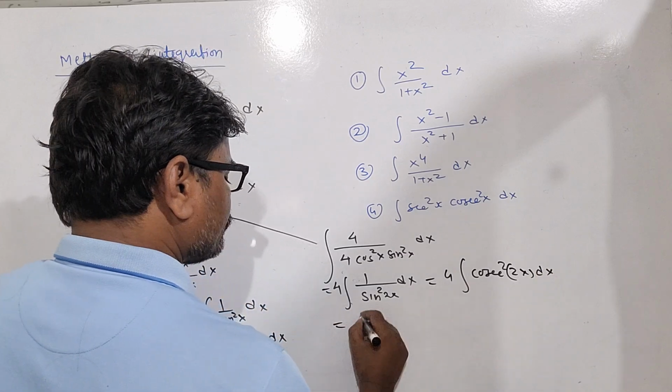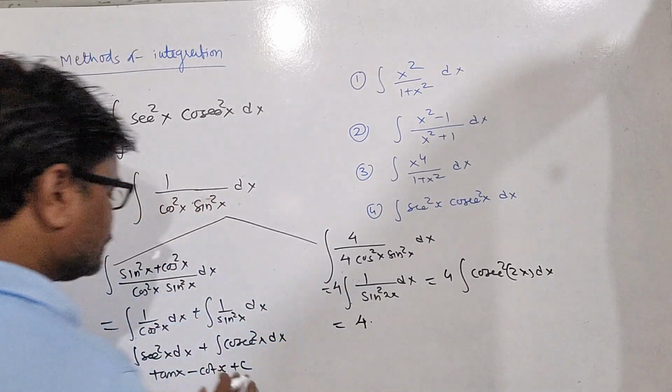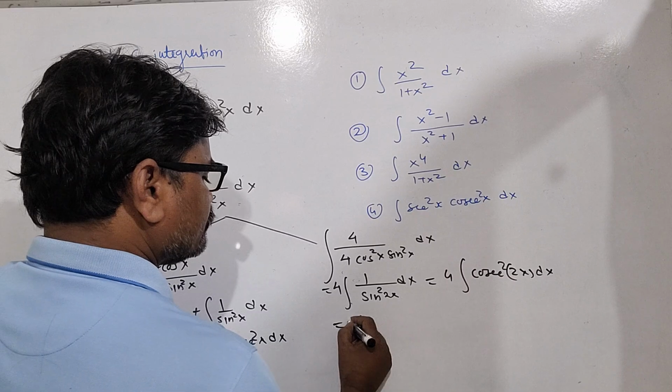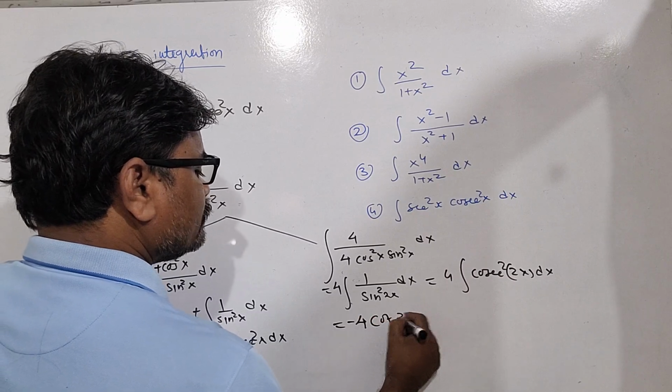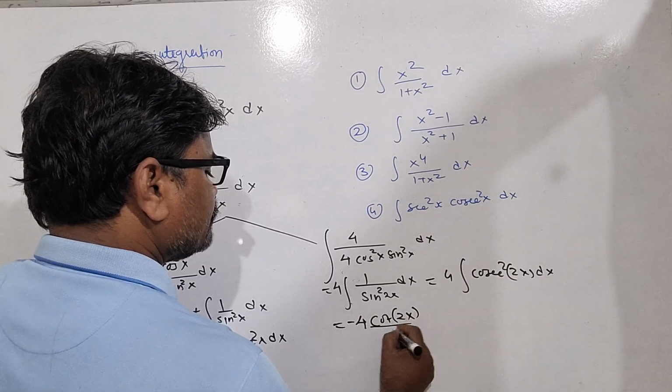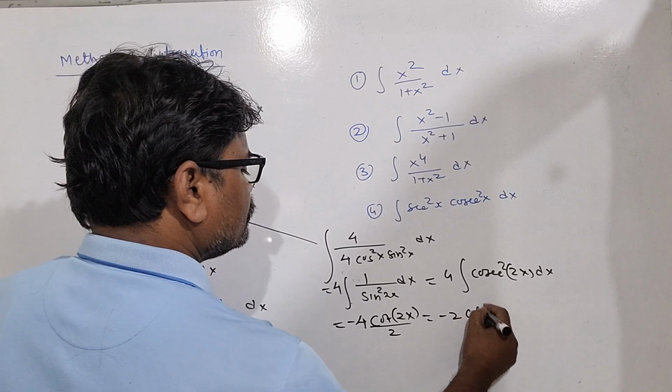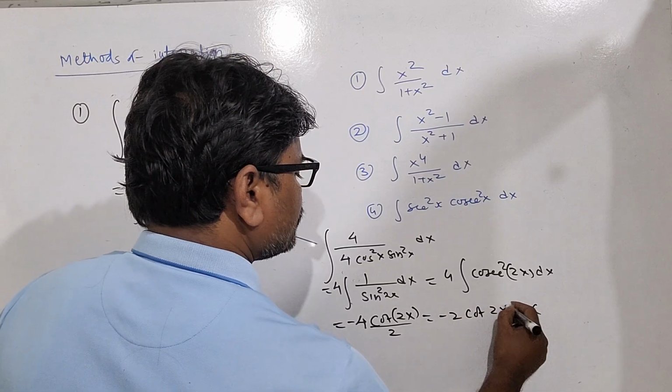So this is 4 into cosec squared of 2x dx. The integration of cosec squared x is minus cot x, so minus cot of 2x, divided by 2, this is minus 2 cot of 2x plus c.